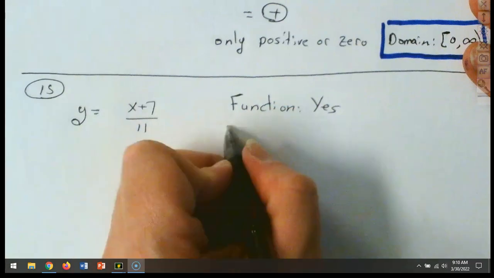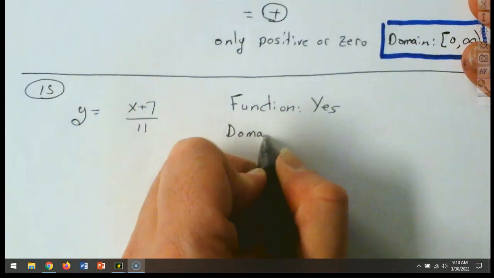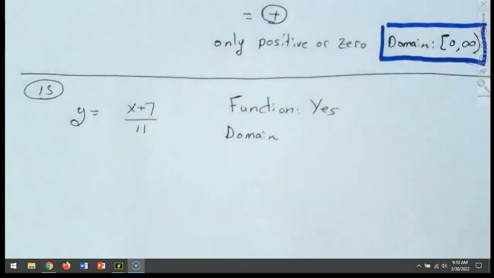Now, when we talk about the domain, the domain is negative to positive infinity unless it has one of these conditions. Unless x is in the denominator of this fraction, the bottom half of this fraction, or x is underneath a square root. So is x in the denominator of this fraction? No, it's in the numerator. Is there a square root involved with x in it?